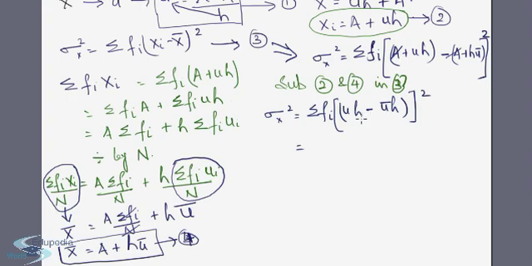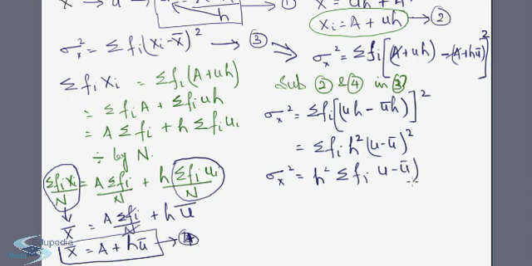Now we know h is a constant, I can take it out, so I'll have summation fi h, of course there's a square, so h square times u minus u bar square. Being constant, I can write it outside the summation sign, so I'll have h square summation fi times u minus u bar square.